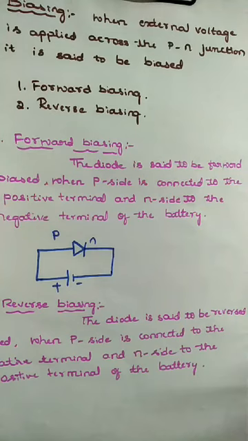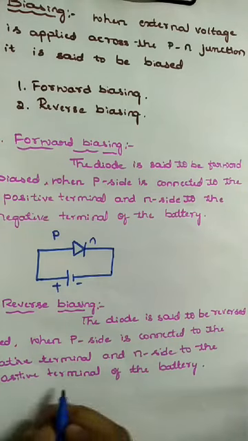So in a semiconductor diode, that is a PN junction, the P side is connected to the negative terminal and the N side connected to the positive terminal of the battery. That is called reverse biased. Let us see the symbolic representation.